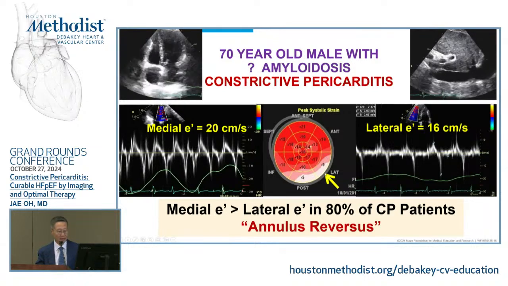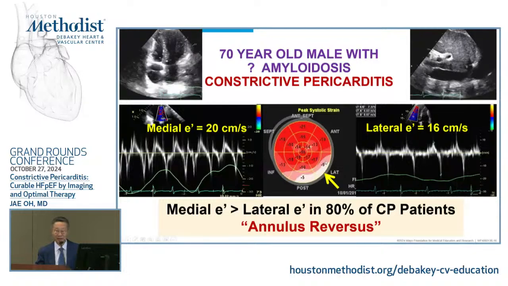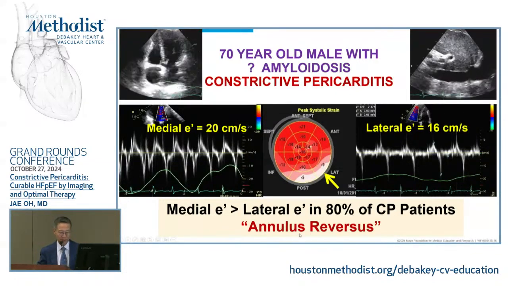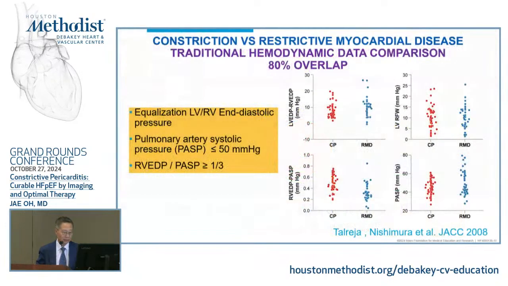That's why the lateral E prime velocity, which is usually higher than the medial in normal settings, is lower than the medial E prime velocity, although it's very high, because of tethering of the myocardium to the pericardial layers. So we call this annulus reversus. Dr. Taji came up with this particular name. It's not present in everyone, but once you see that, you should consider diagnosing constrictive pericarditis.